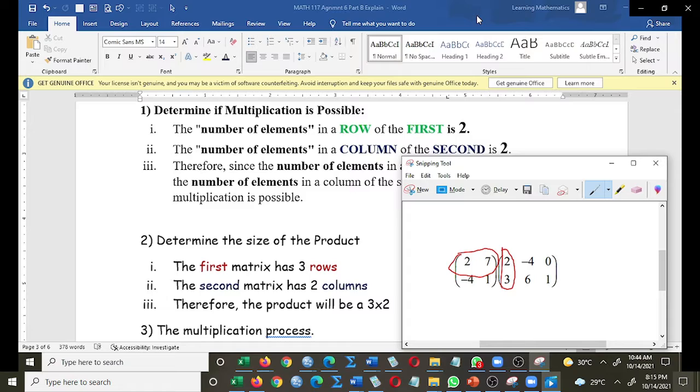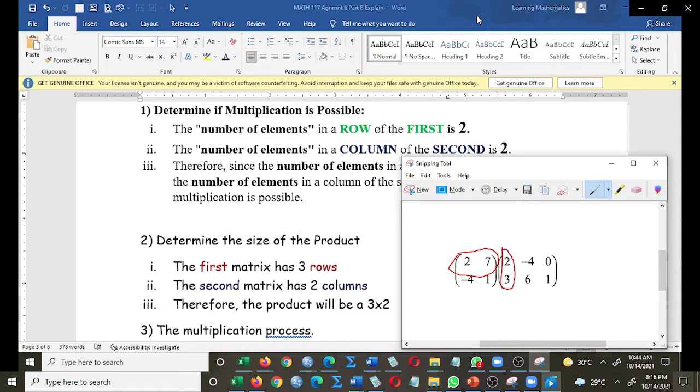Say it properly. The first matrix has two rows, and the second matrix has two columns. Well, no, three columns, sorry. Two by three. Exactly. So repeat yourself again. Start from the beginning.